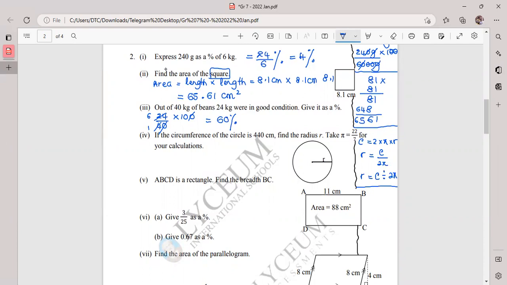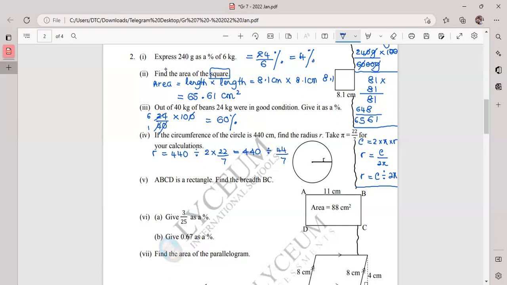I will explain why that is. I write here that R is equal to C, which is 440, divided by 2 multiplied by 22 over 7. Then you can write 440 divided by 44 over 7.